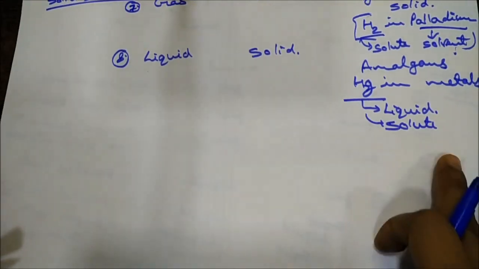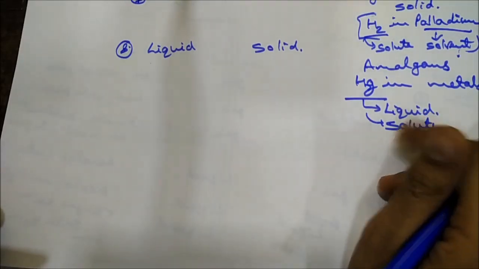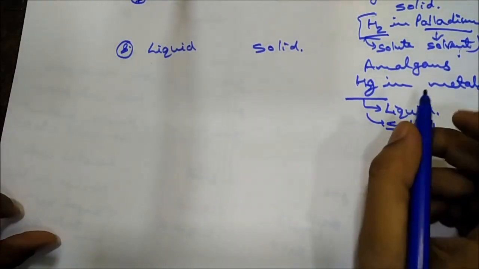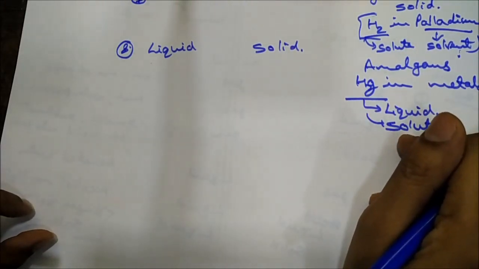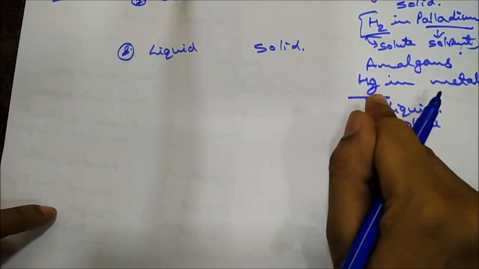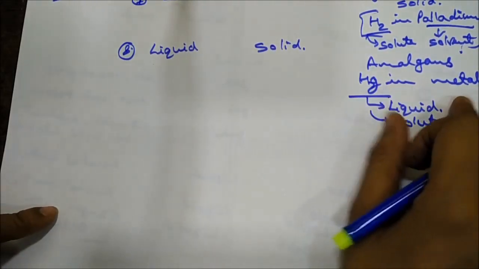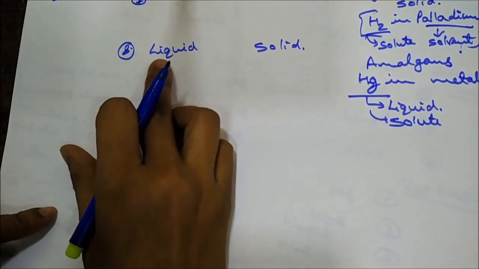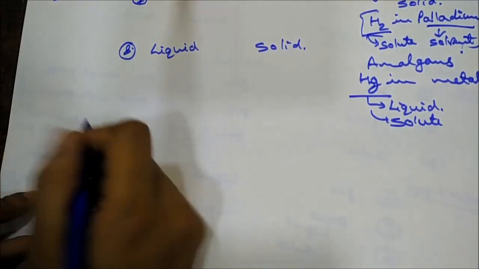So it is the dispersion of mercury in metals, sodium amalgam or any other kind of metals. Here the mercury is in lesser extent and the metal is in excess extent. So this is our solute and this is our solvent, and it is the example of liquid into solid. The dispersion medium is the solvent and the dispersed phase is liquid.